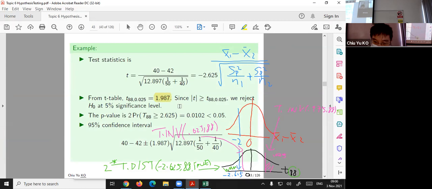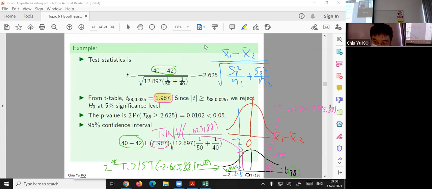So just to remind you again how the confidence interval and the test statistic are related. I hope there should be no problem. So you will see, let me use green color. The numerator here is just here. And the critical value here is just here.